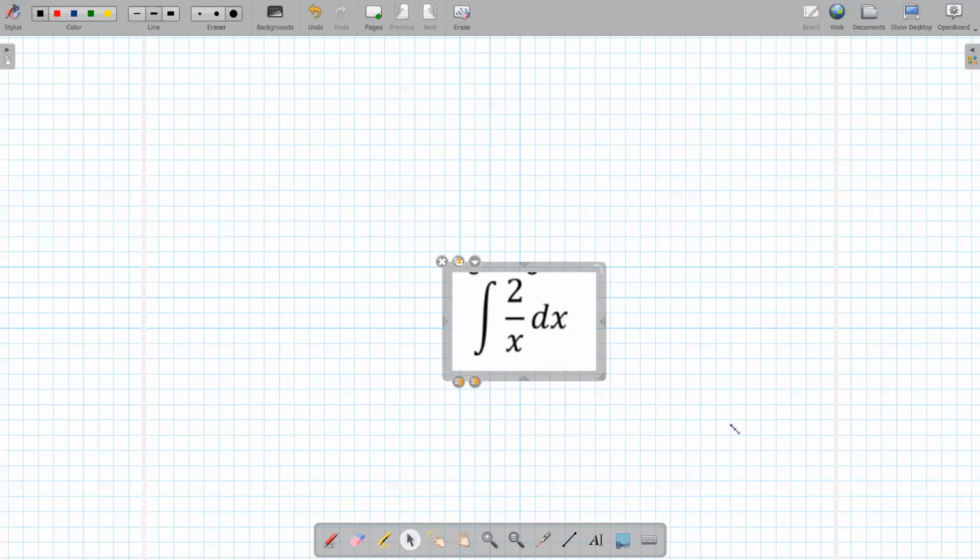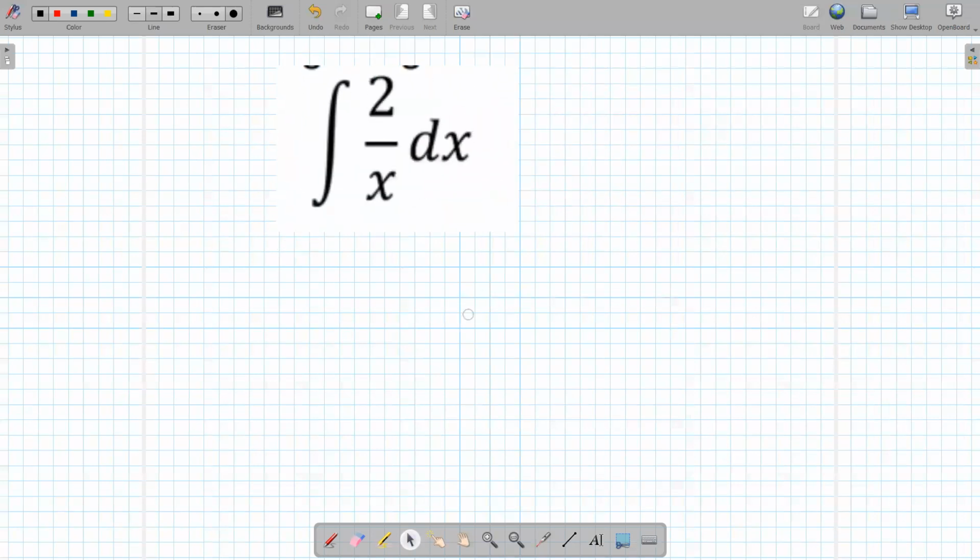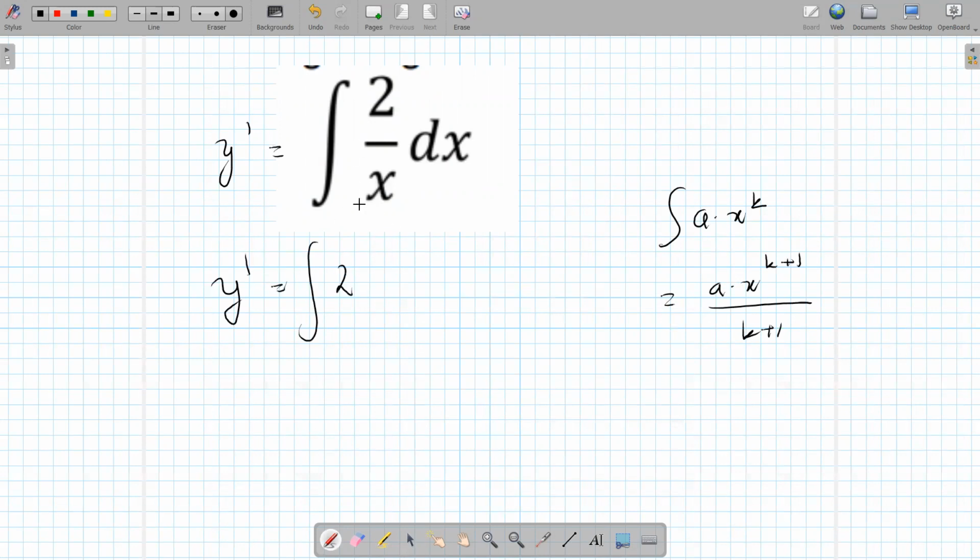This one, it's because, again, this is the formula. A times x to the power of k, when you find the integral, becomes a times x to the power of k plus 1 over k plus 1. Let's first rewrite this. By rewrite, I mean throw the x up top.